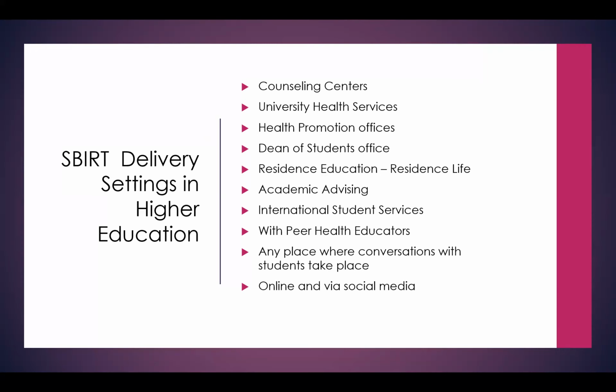A really innovative way to deliver SBIRT is to place your staff members, if you have the capacity, in academic advising settings. That's what we're doing on our campus with a new study that we're doing. So we are placing health promotion people and students who are trained in doing SBIRT in advising settings.